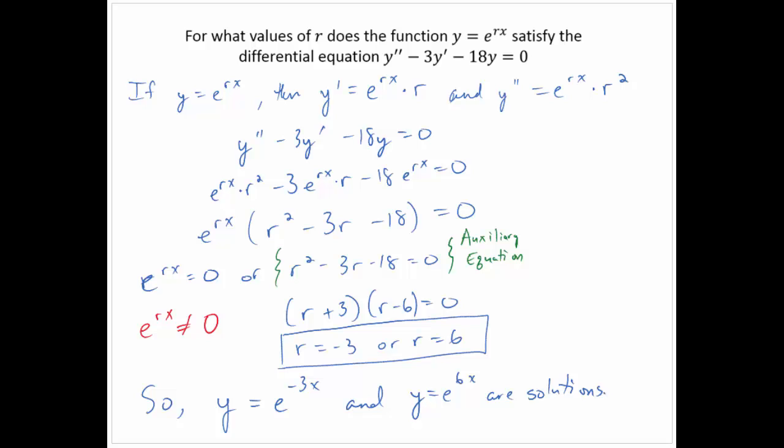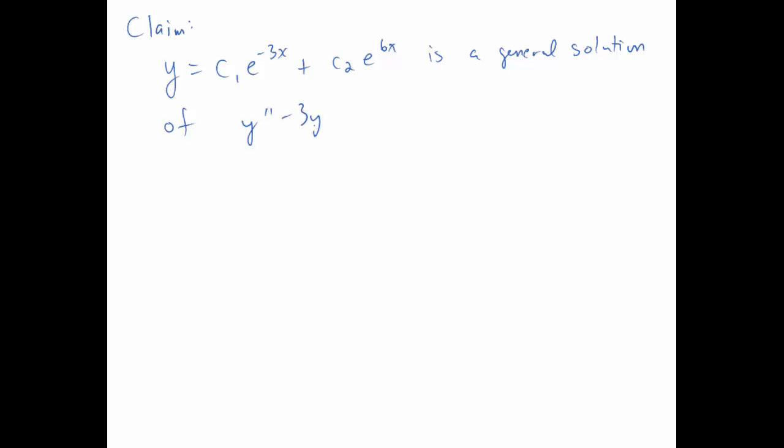But in fact, and you'll learn more about this in a differential equations course, we can take this even further. So here's a claim: y equals c1 e to the -3x plus c2 e to the 6x is a general solution of y double prime minus 3y prime minus 18y equals 0.